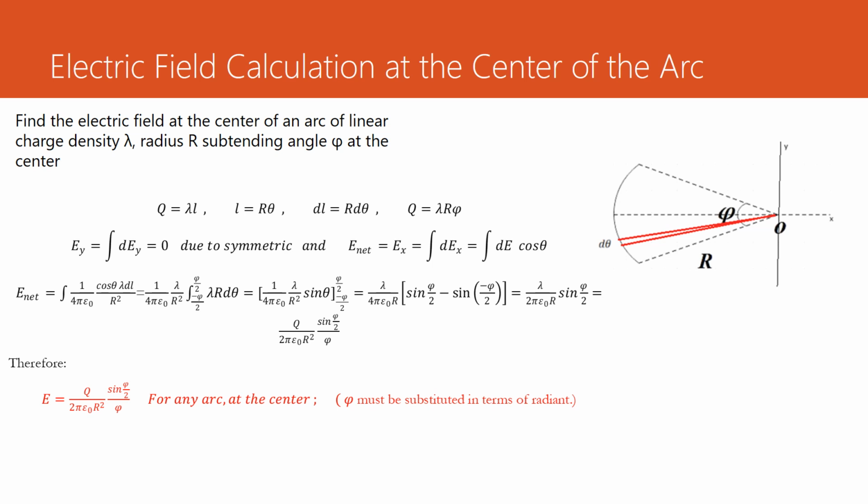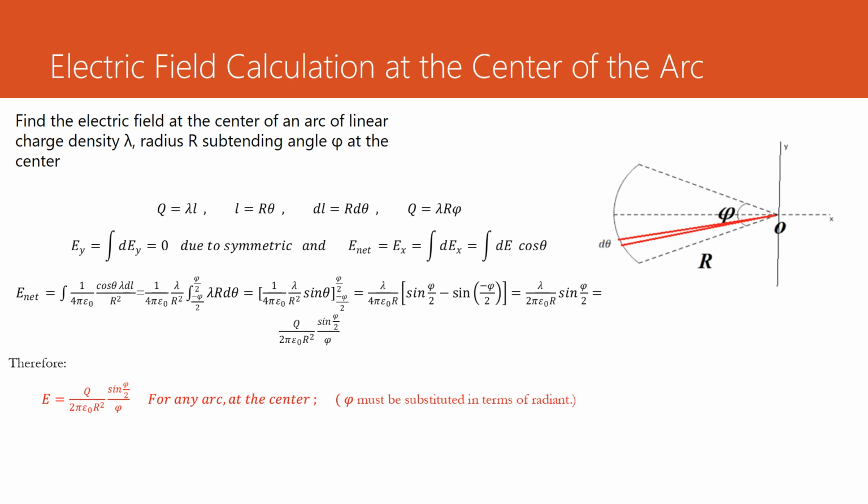From here to here means the radius of the circle, so it equals r. Then you substitute r into the denominator. Once you integrate, you take all the constants outside. Then we have this term. We integrate from minus half phi to positive half phi in order to cover all the length of our arc.